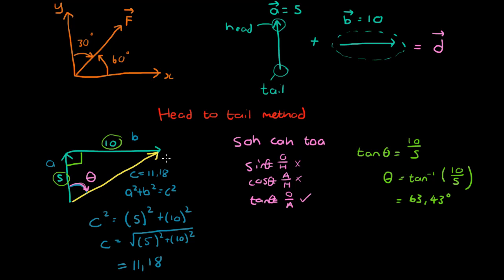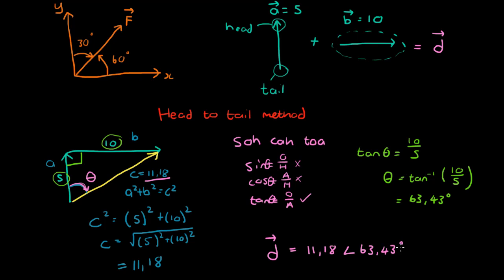Now you have a magnitude and a direction for this vector. So at the end of the day, you can say the overall vector D, or the sum of those two vectors, A plus B equal to D, is equal to a magnitude 11.18 at an angle of 63.43 degrees. But you need to say relative to what?